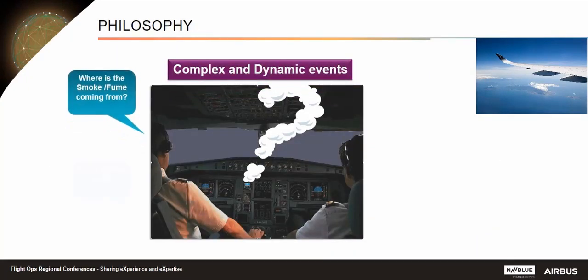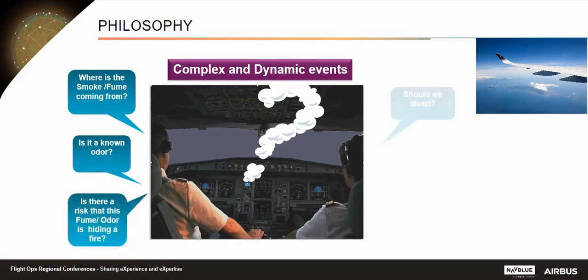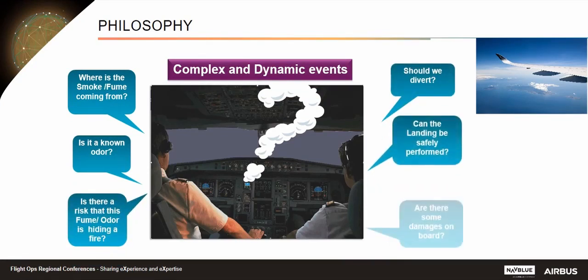Then this is really important to have in mind that any fire or smoke or fume event is a complex and dynamic one. Complex first because at the time where the event starts, most of the time you don't know what is going on, but at the same time you have to quickly analyze the situation and take appropriate decision to recover the management of the situation.